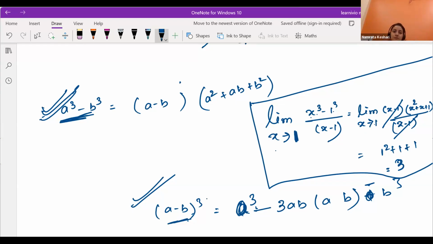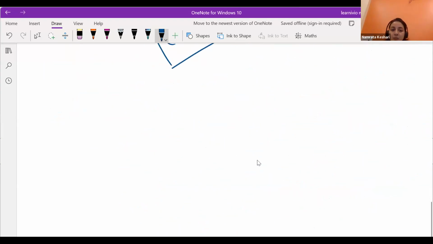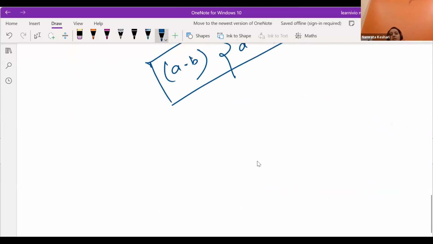Am I making sense? Yes, ma'am. हर बार हमें नंबर्स लेके और पुट करके कैलकुलेटर यूज करना ऑफ कोर्स जरूरी नहीं है.